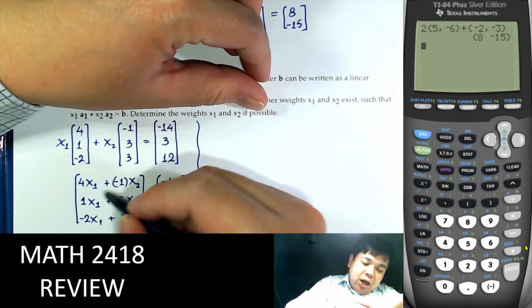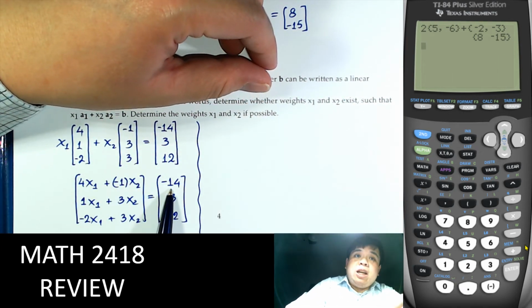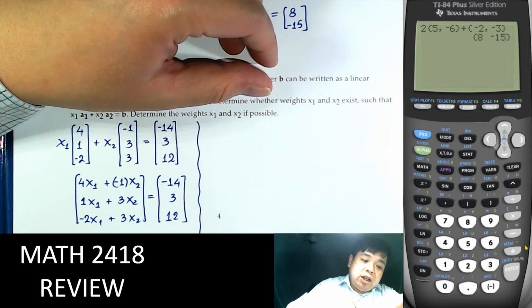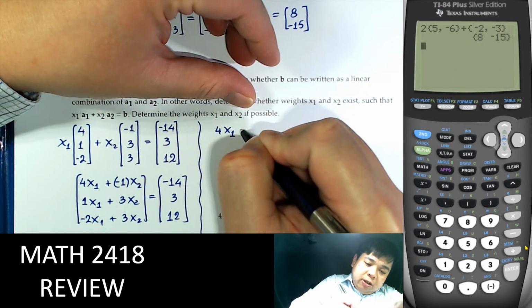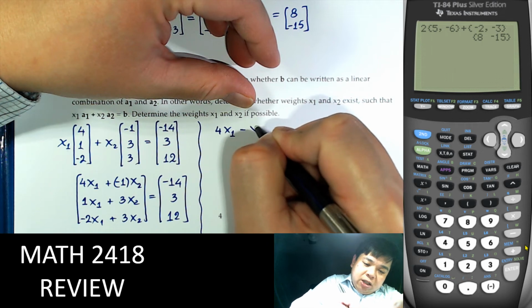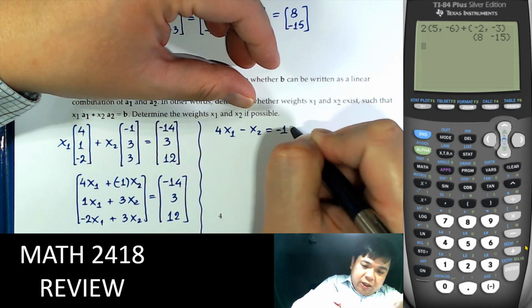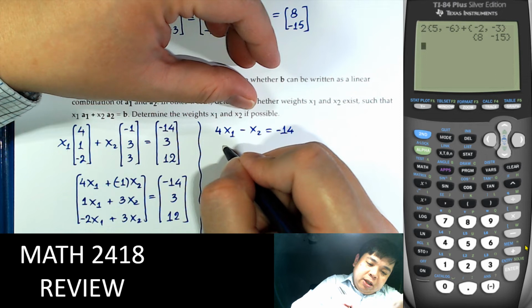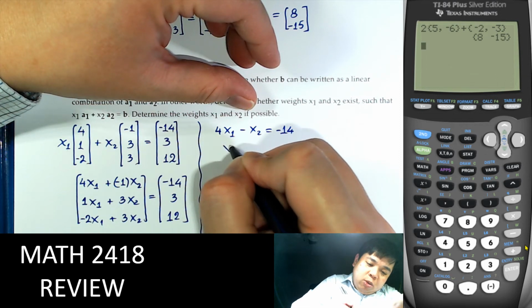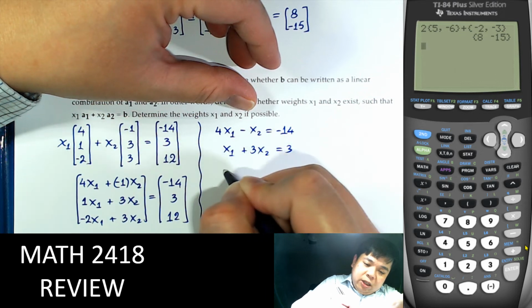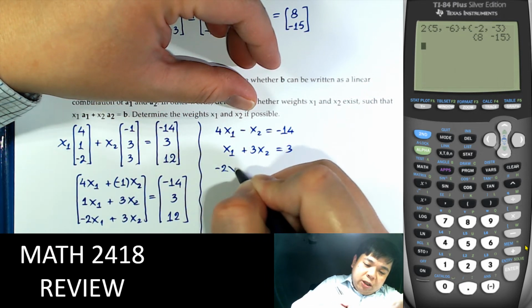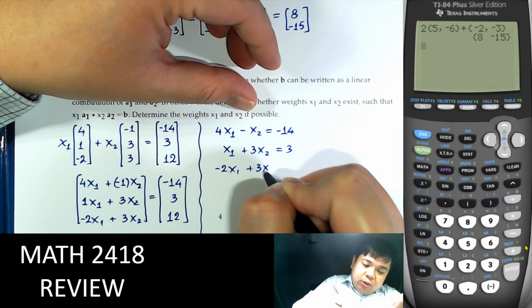Right. So 2 vectors are equal if the corresponding entries are equal. So for x1 minus x2 equal to negative 14. x1 plus 3x2 is 3, and negative 2x1 plus 3x2 is 12.